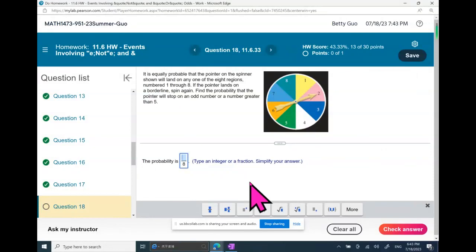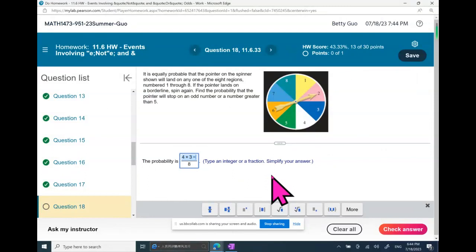The first number is how many regions among the 8 regions favor odd? 4, right? 1, 3, 5, 7, 4. So that's the first number. Plus, the second number: among the 8 regions, how many of them are bigger than 5? 6, 7, 8. 3 of them, right?